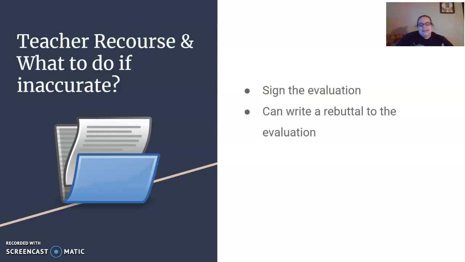And so we sign it to say, yes, we received it, but our signatures are not to say that we agree with it. And so if we don't agree with it, what the teacher can do is write a rebuttal to the evaluation and basically explain his or her side and why they believe that the evaluation isn't accurate or unjust or anything like that.